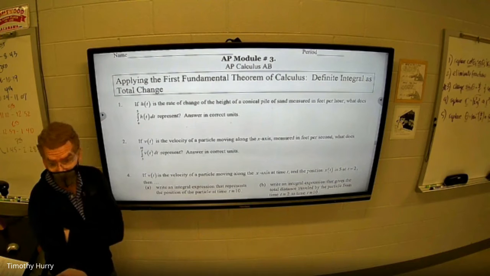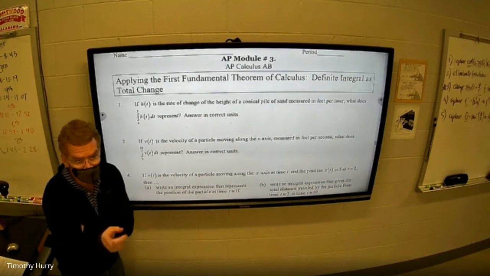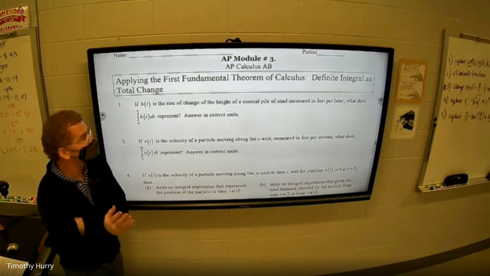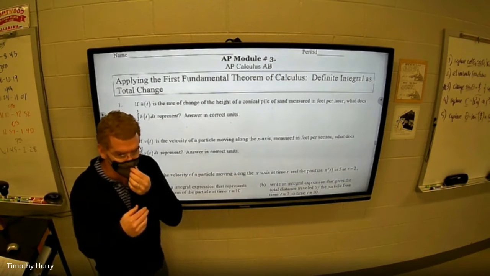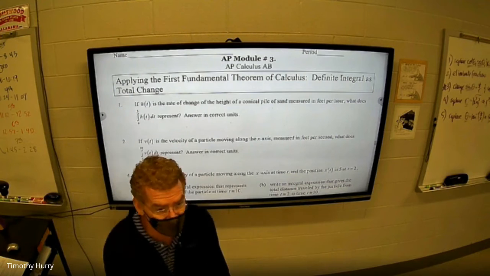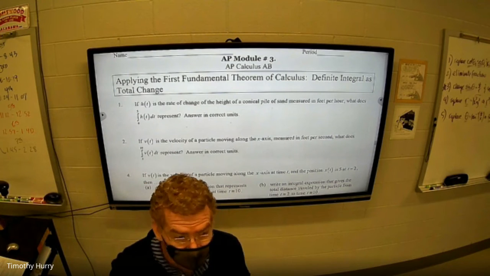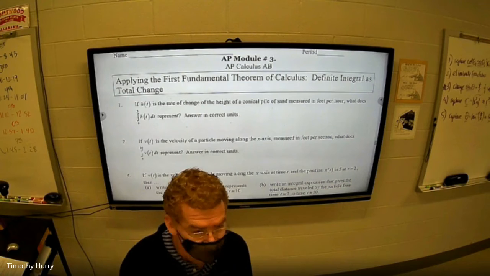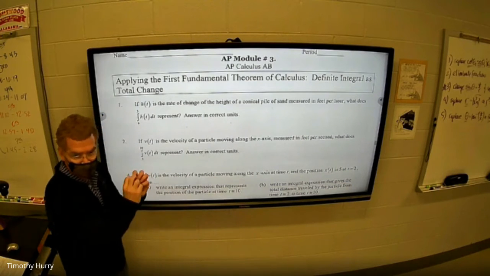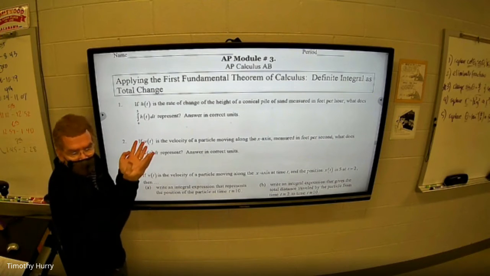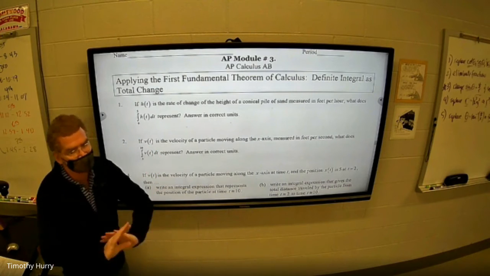Excellent question. They could have, but they didn't. If I hadn't given it a name and you were reading the problem, the rate at which the height changes, you probably would call that dH/dt. I would have, but they chose H. So you have to burn in your brain that H really means the derivative. They're just naming it a different letter. That might be bothersome, but get used to it, okay?